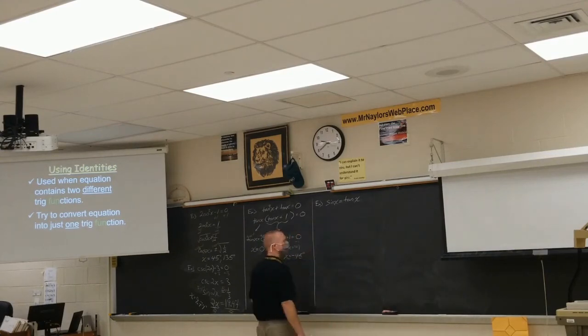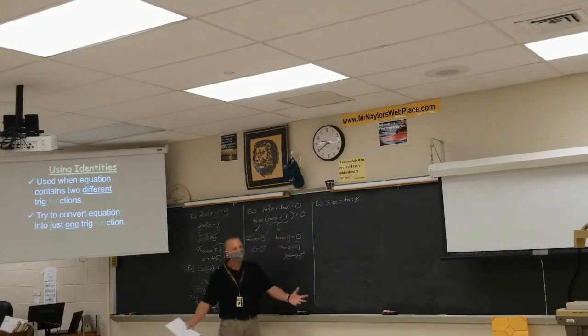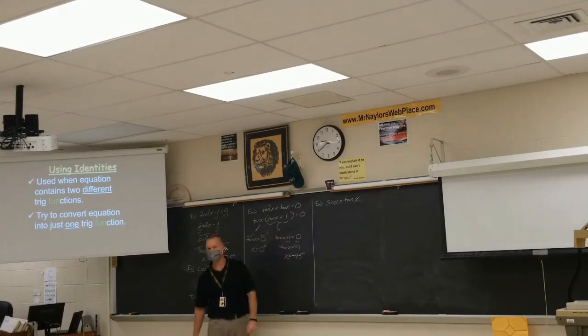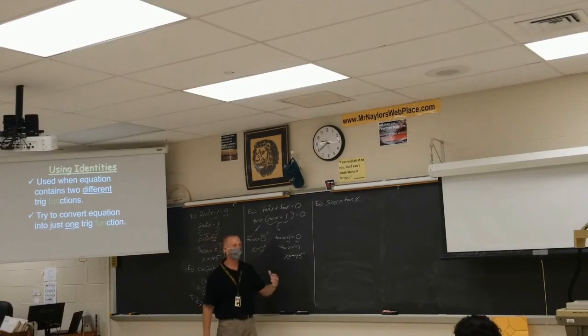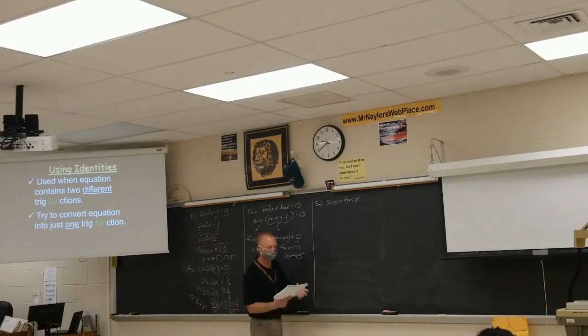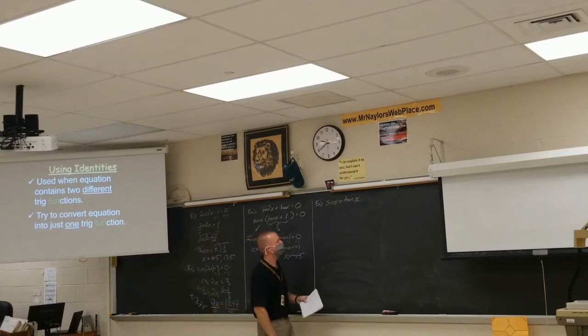You know, kind of like what you tried to do with a lot of the problems the last week or so. You've been trying to simplify them. You've been trying to get things to cancel. You've been trying to use identities. And that's exactly what we're ready to do here with this sine equals tangent.